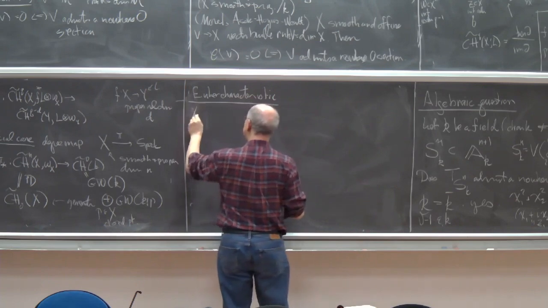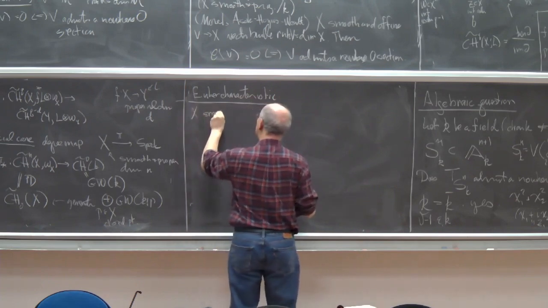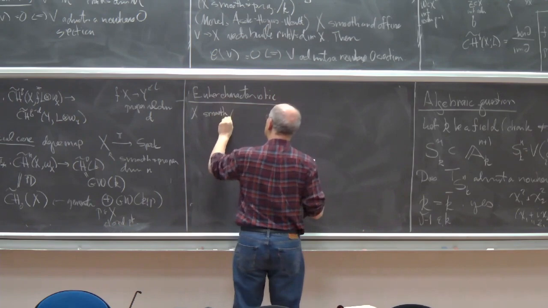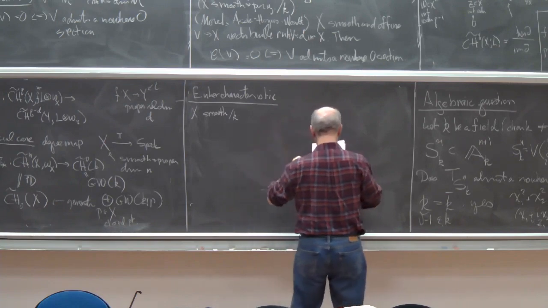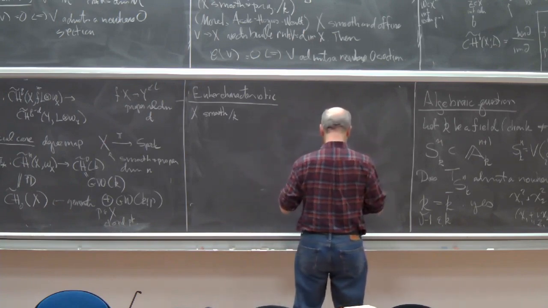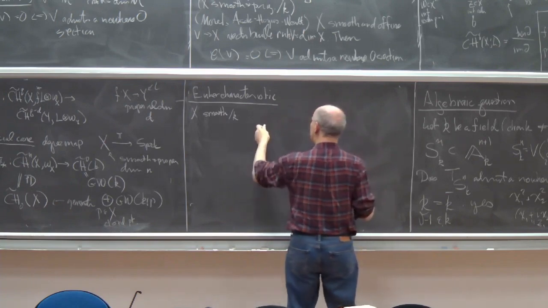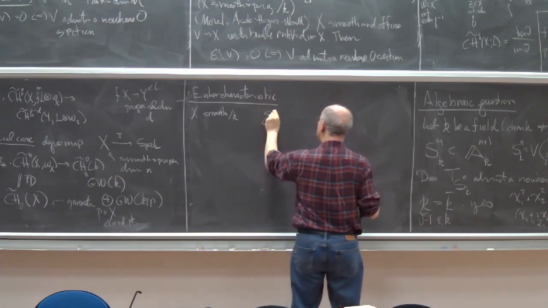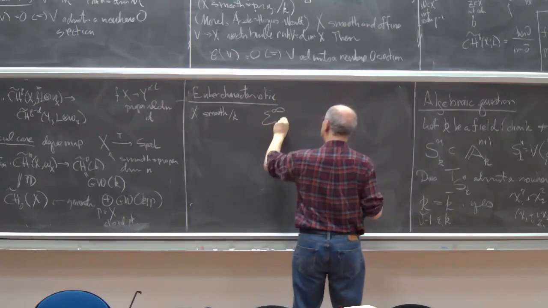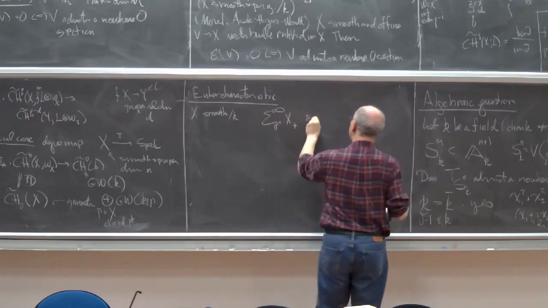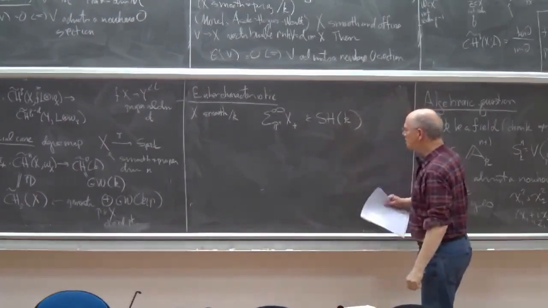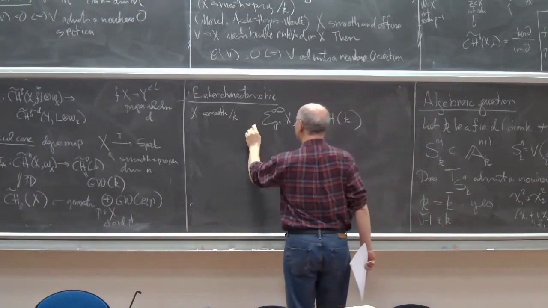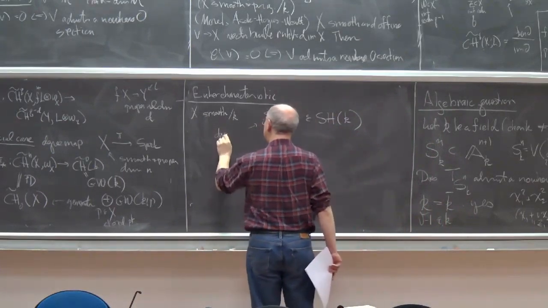So if you have X, which is smooth over K, there are some technical things in finite characteristic, but I won't say them. Then you have this object, the infinite P1 suspension spectrum of X, living in the motivic stable homotopy category of K, and this is a dualizable object.